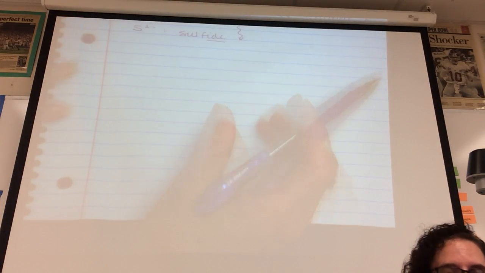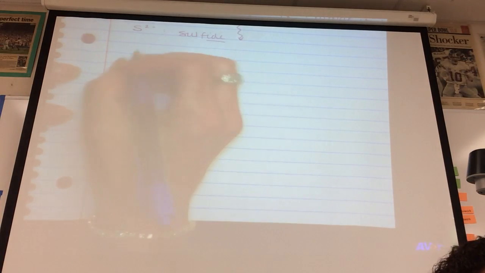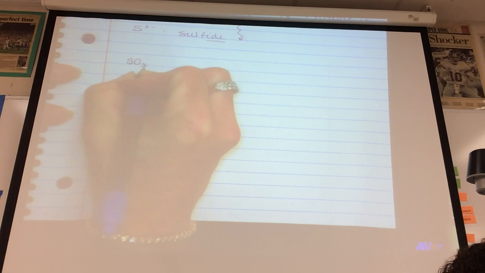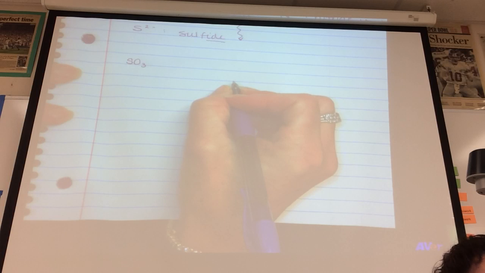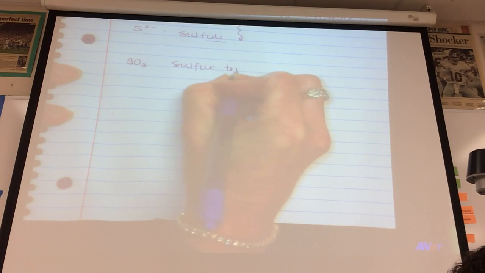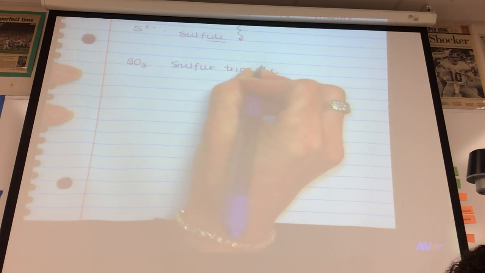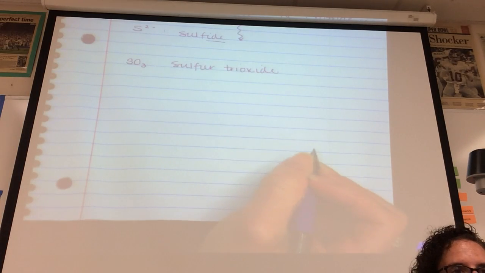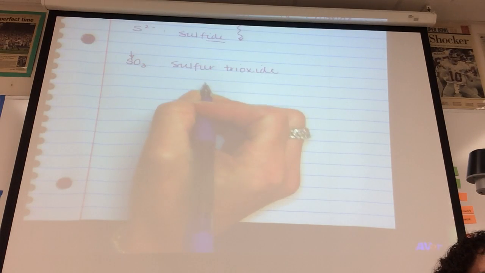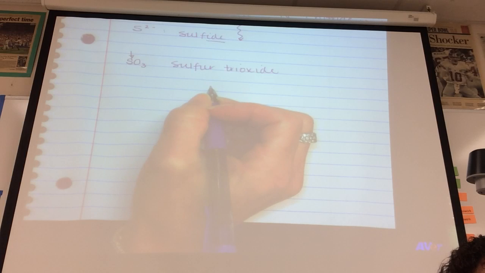Keep in mind with your covalent compounds, you could have something like this, sulfur trioxide. That would, of course, be covalent. In covalent, the element with the lower electronegativity goes first.